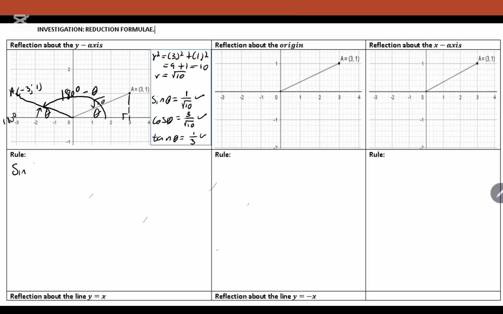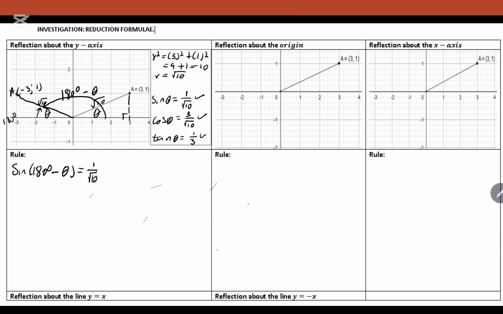So this is sine of 180 degrees minus theta. Now, what does this equal? Looking at the terminal arm in the second quadrant, it is equal to 1 over square root of 10. Remember, the length of the radius does not change.